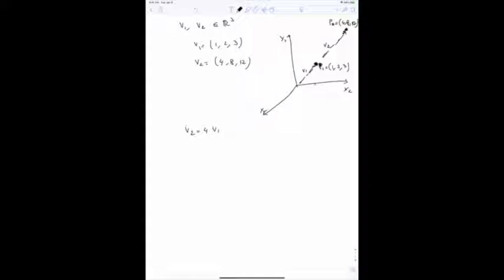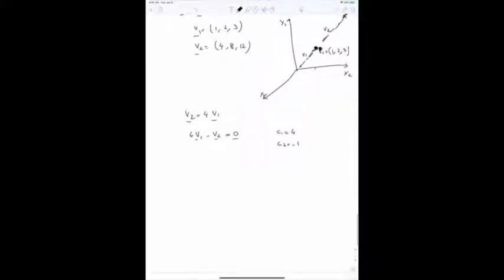So this means that 4 times v1 minus v2 is equal to 0, which means that c1 is equal to 4 and c2 is equal to minus 1. So v1 and v2 are not linearly independent.